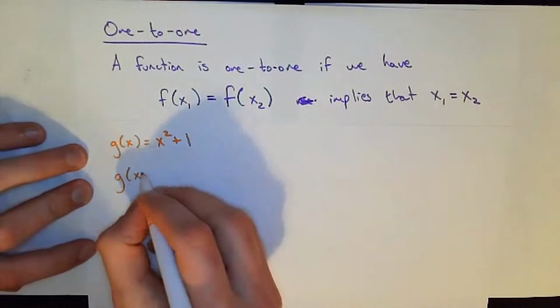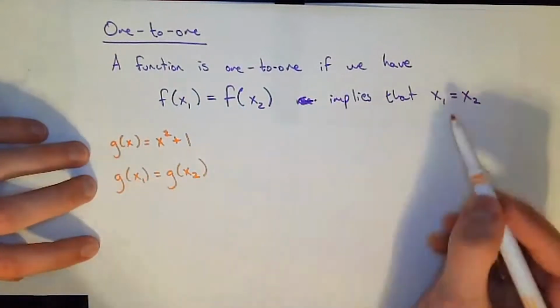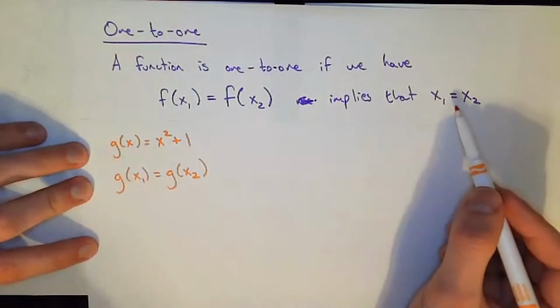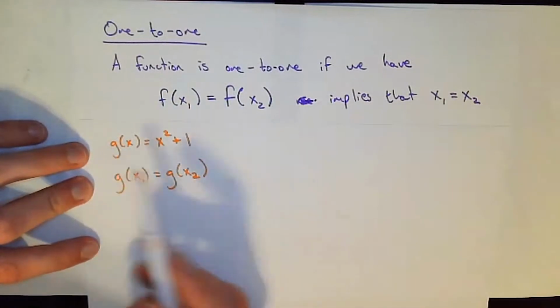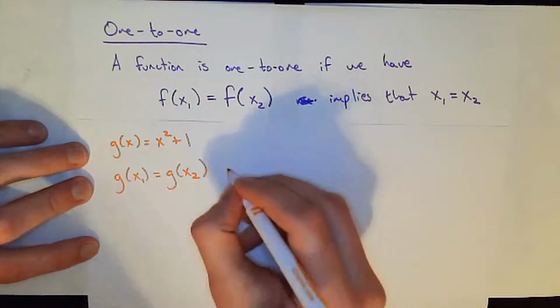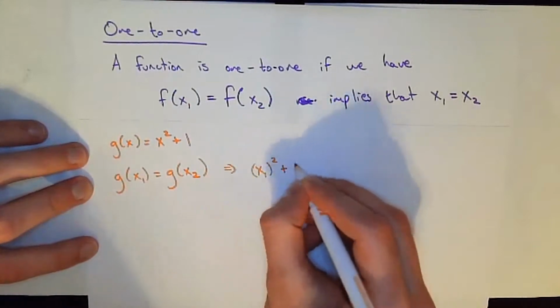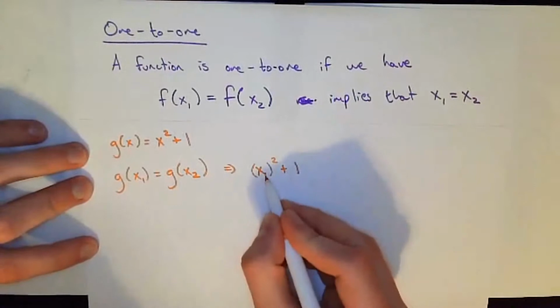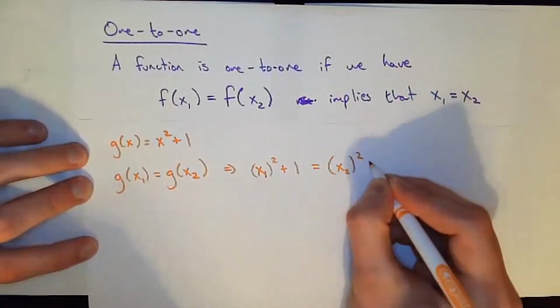So I'm going to say g of x1 equals g of x2. I'm going to assume that. And by the way, why is the letter name changing? Well, because the name of my function here is g. Okay, so g of x1 is x1 all squared plus 1, and that should be equal to x sub 2 all squared plus 1.